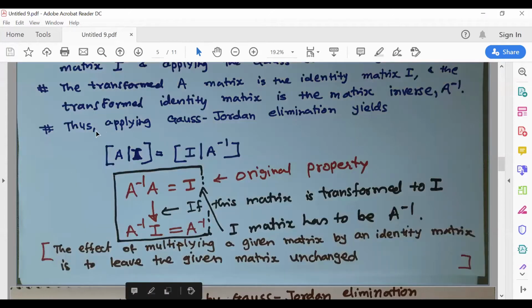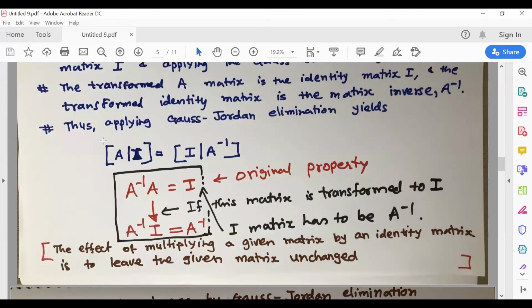And that is how we can say, if I write the A matrix augmented with the identity matrix, and do the entire Gauss-Jordan process on the left-hand side, it finally gives me I, and the right-hand side identity matrix, which I have augmented, will give you the inverse matrix. And that is how we can calculate the inverse of the matrix.